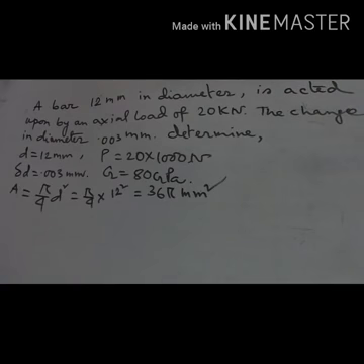Now delta D by D, first one very important: stress sigma, force by cross sectional area, is equal to 20,000 divided by 36 pi, 176.84 MPa.